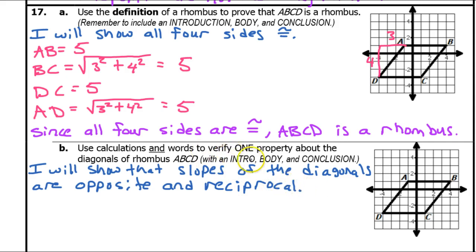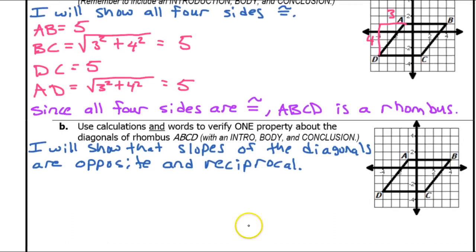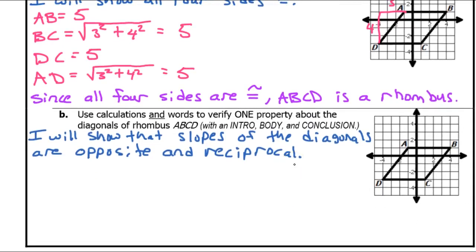Okay, so my introduction basically states the strategy that we're going to use to prove whatever we're trying to prove. Okay, so now let's go ahead and do it.